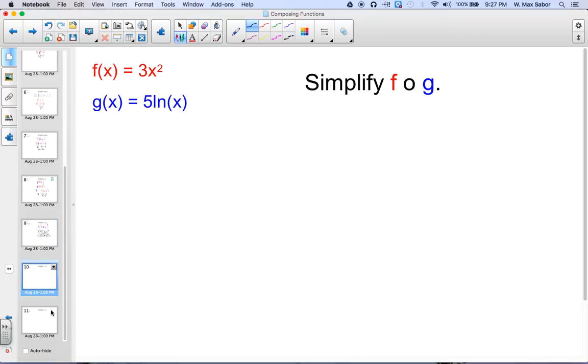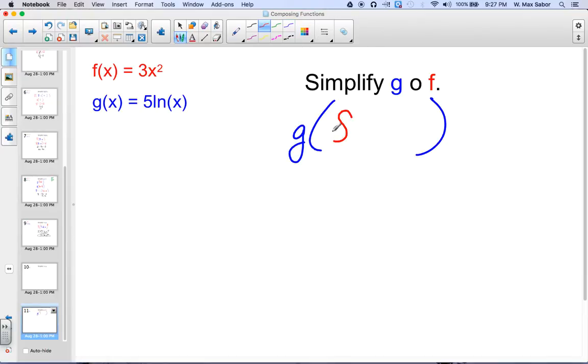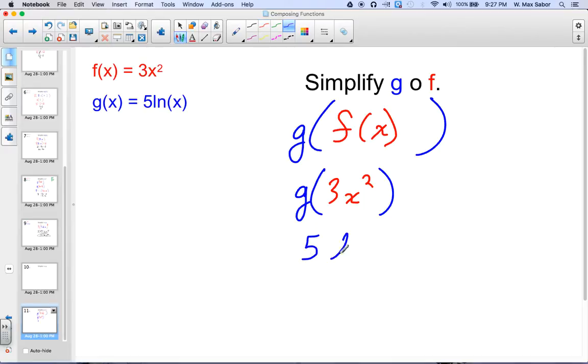That was the same question, wasn't it? Now, if we want to go the other way, we say g of f of x. Take g, f of x is 3x squared, and then g is 5 times the natural log of blank, and that blank is 3x squared.